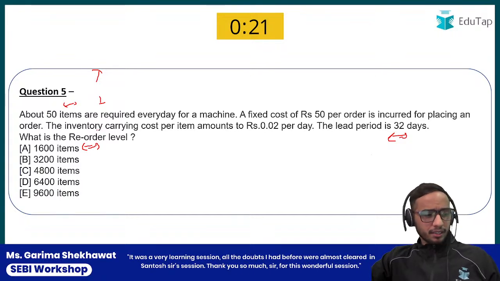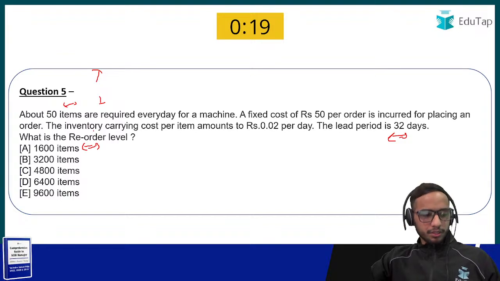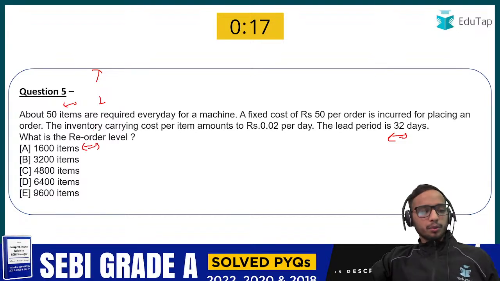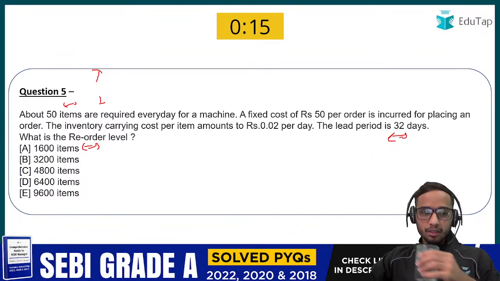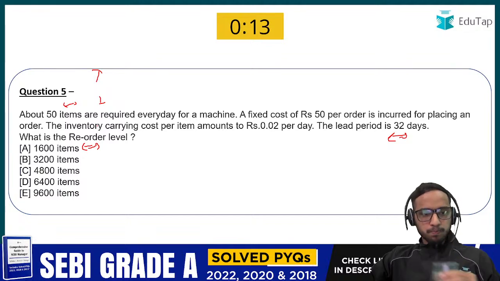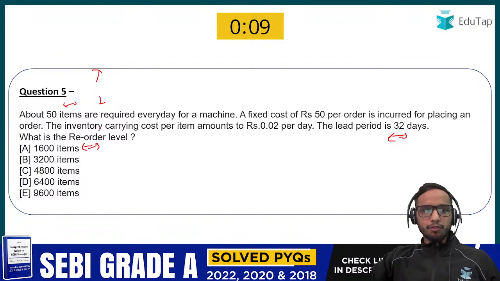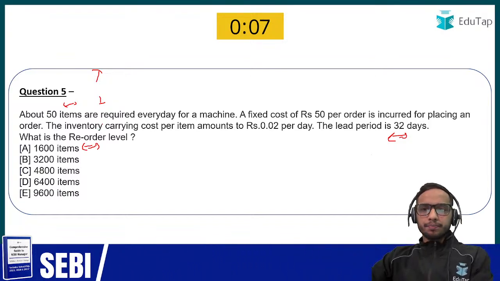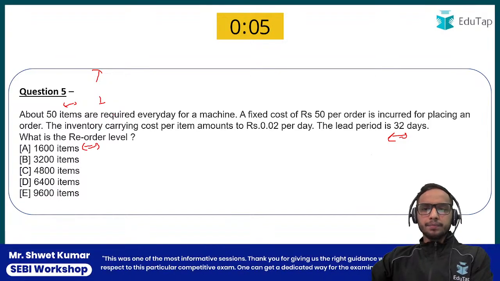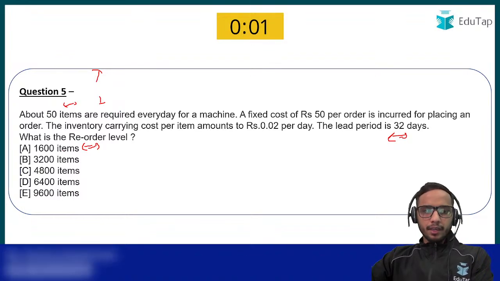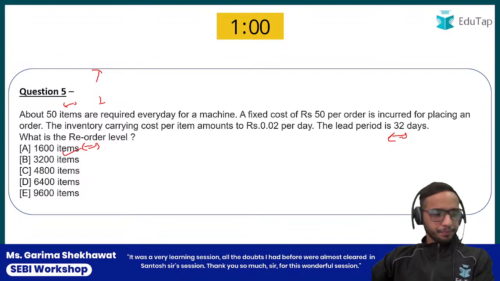Let me check who can answer this question. Tell me what the answer should be. You just have to calculate it. Not 1666, but it would be 1600, I guess. Yes, A is the correct answer.